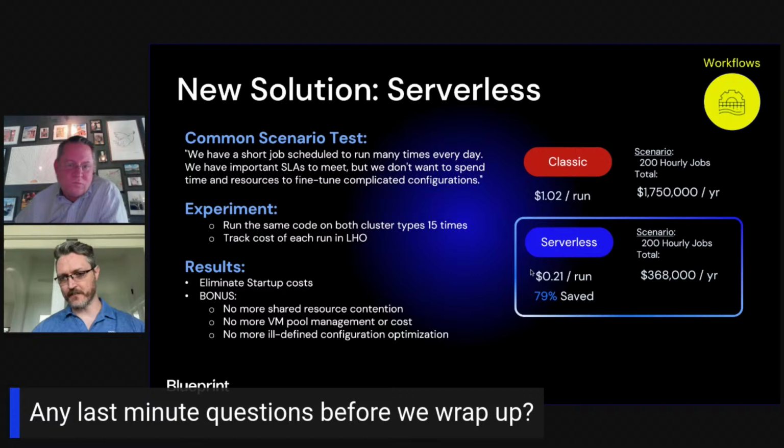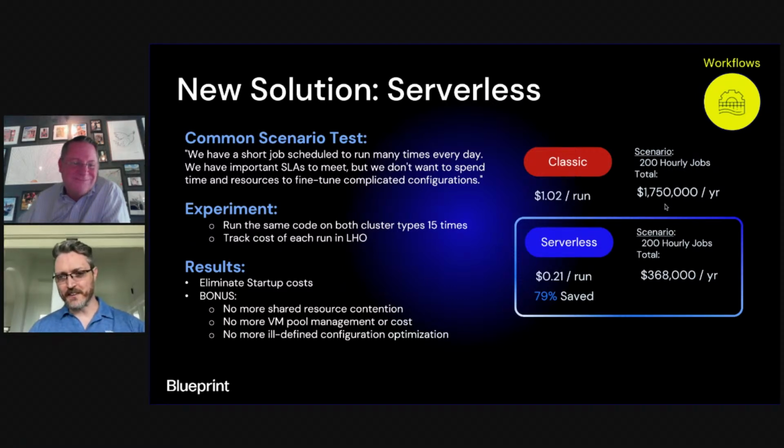You are seeing the effects here of promotional discounts on this 80% saved, but even when you take those away, there's still a significant margin of savings here for serverless on this really common scenario we see with a lot of our clients. So yeah, do you want to pay almost $2 million a year to run these 200 jobs hourly, or would you rather pay 300K? Like that's a very obvious choice for most clients.